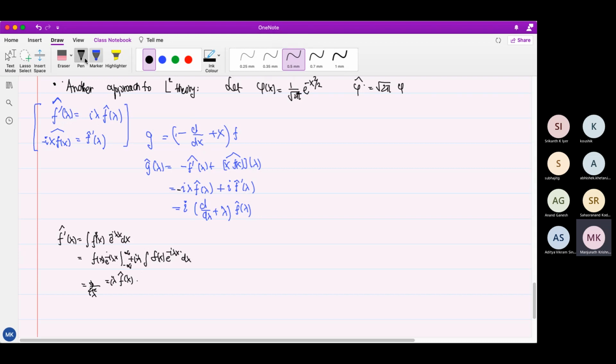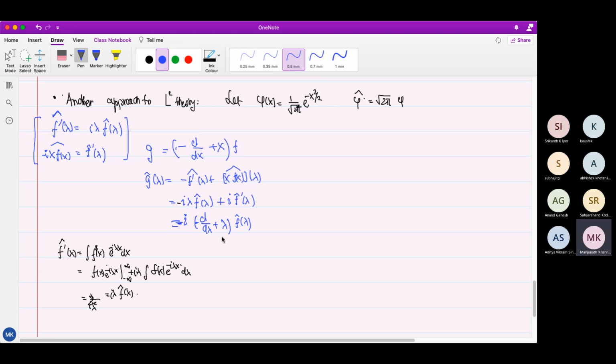Now it is good because I can pull minus i out. I get minus i times minus d by d lambda plus lambda times f hat of lambda, right? It's the same operator applied to f hat. So what is the point of this?